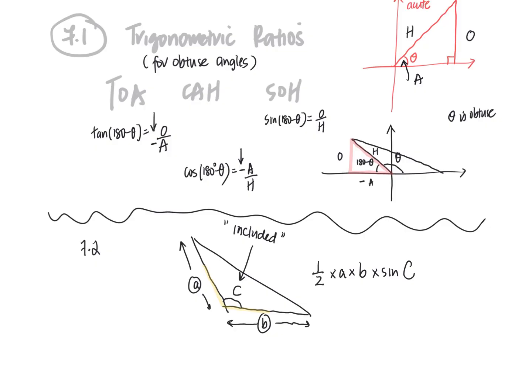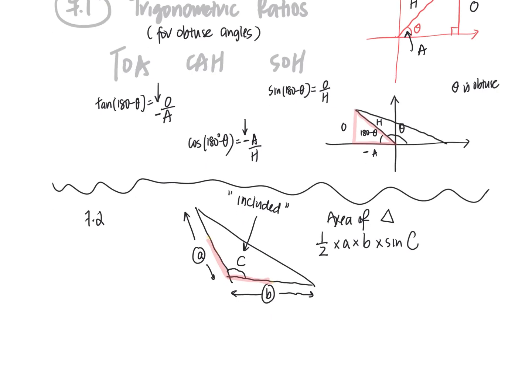As long as you can identify a V, let me change to red so that you can see better, the two lengths adjacent to one another, and sine of the angle in between is always the area of the triangle formula.